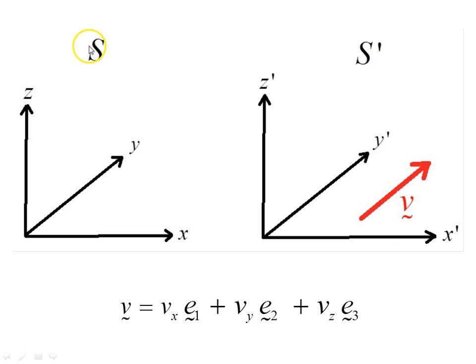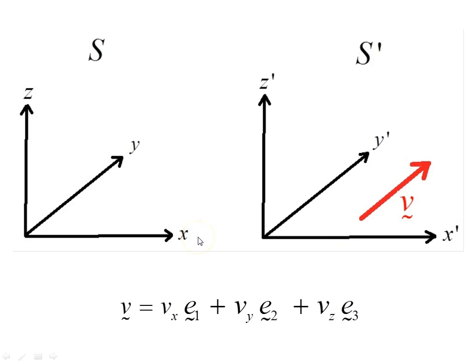Now, the inertial frame S and the inertial frame S prime are moving relative to each other with the speed v. So S prime is moving relative to S with plus v, or S is moving relative to S prime with minus v, however you want to look at it. The velocity vector is given by this expression here, and you can see that it's just moving in an arbitrary direction.